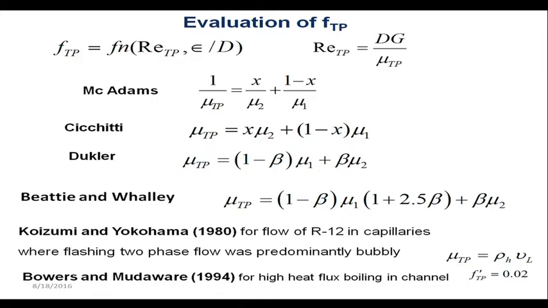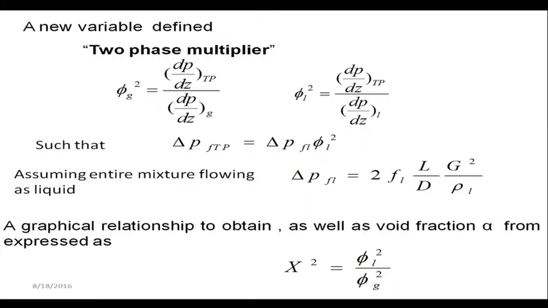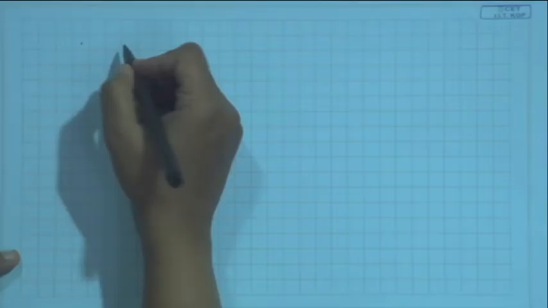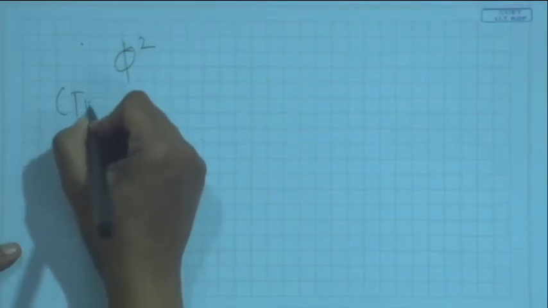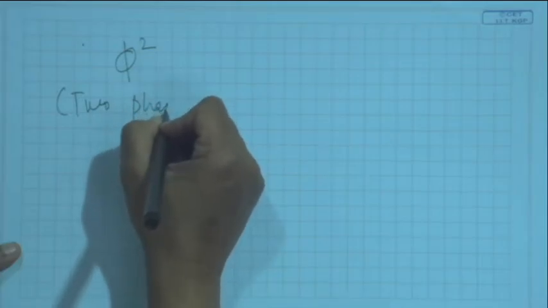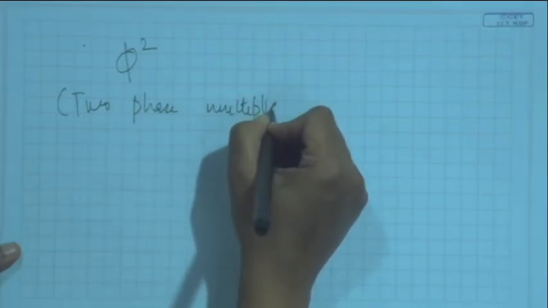Now, other than finding out a suitable friction factor f TP, a very conventional technique of finding out the frictional pressure gradient is by defining a particular variable phi square, which is known as the two-phase multiplier. What does the two-phase multiplier do?